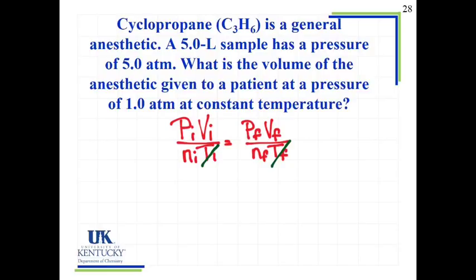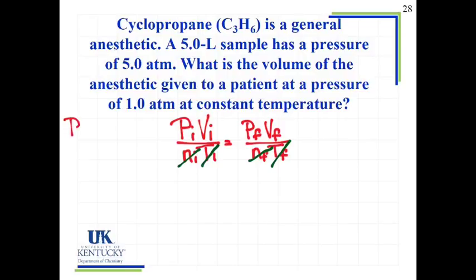We also see that the problem says an explicit 5-liter sample. It doesn't mention either adding or removing any of the cyclopropane, which means we can also assume that moles are constant. So what we're left with is PiVi equals PfVf.